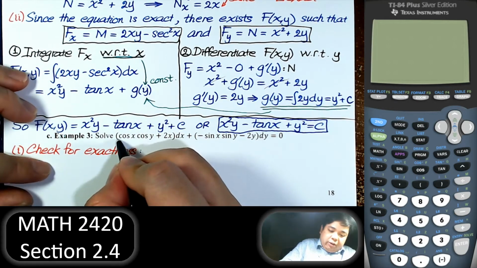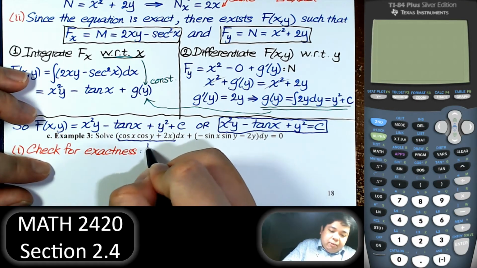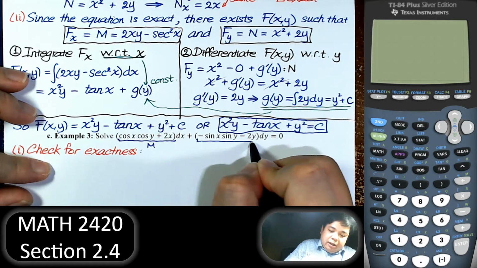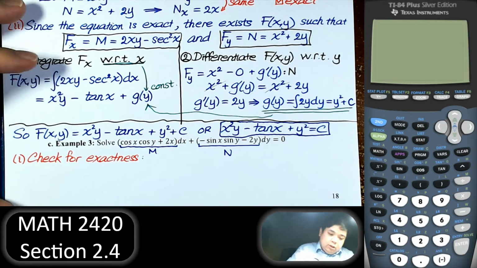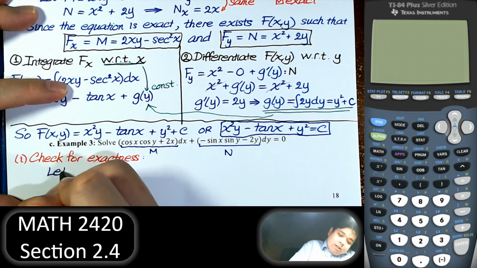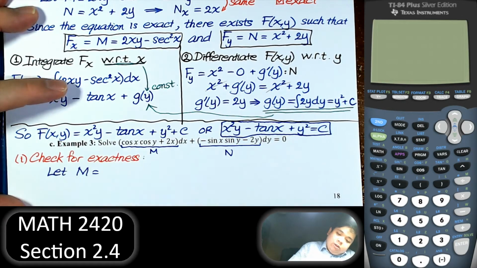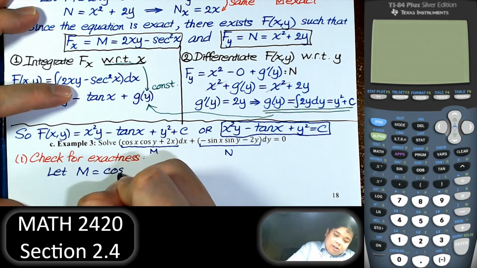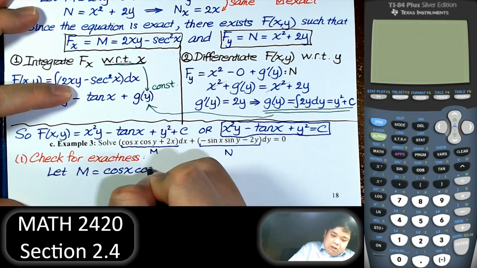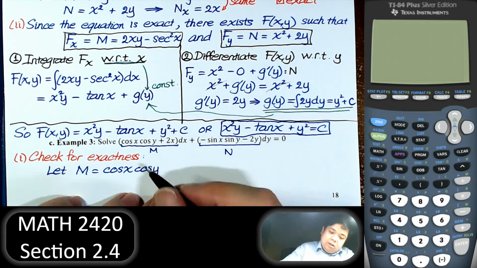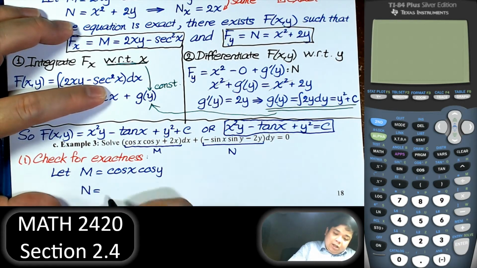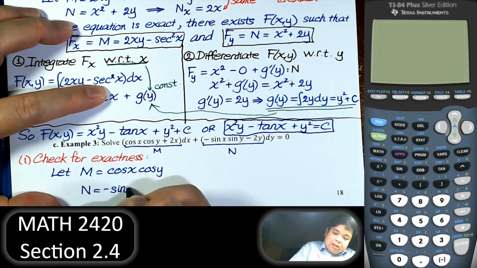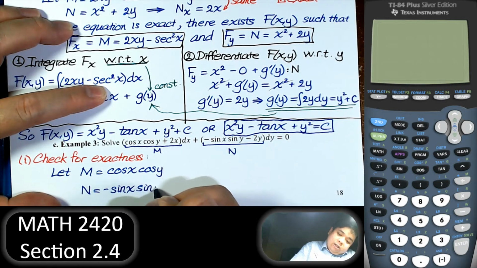So we will have m and n. So let m equal to cosine of x, cosine of y, and n equal to negative sine of x, sine of y.